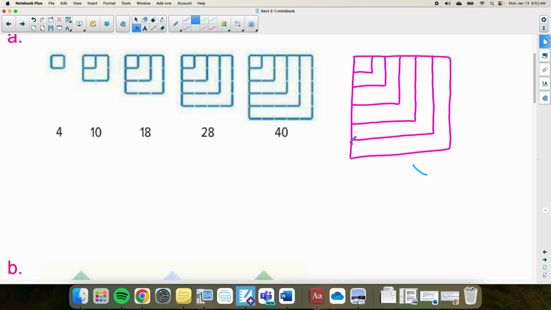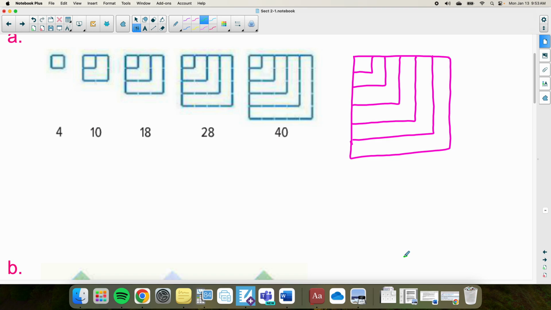Okay. Then, if we look, you have to try to come up with a pattern either with this or with the numbers. And honestly, you could say kind of add a backwards L each time or something like that.